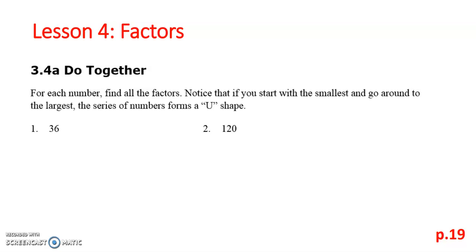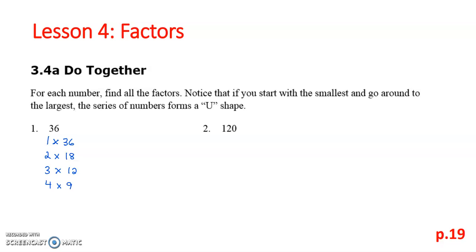So for the do together, we're going to find all the factors of the number, and we're going to start with the number 1. We're going to start with the smallest number. 36 has quite a few factors, so we're going to start with 1 times 36. Then we go to 2. 2 times 18. So sometimes it takes a little bit of scratch work on the side to figure out what all the factors are. 3 makes 36, 3 times 12. 4 makes 36, 4 times 9.